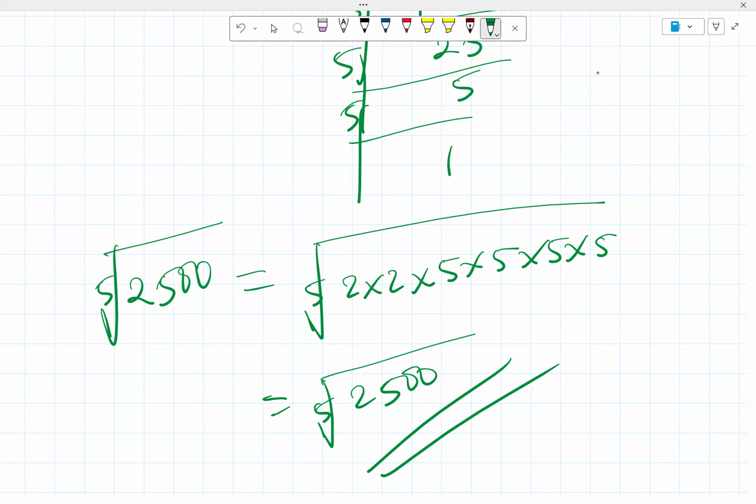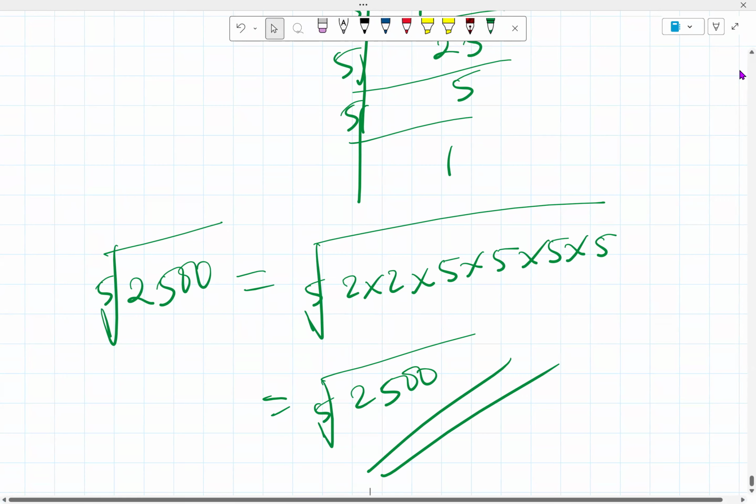We don't have a fifth root of that, because if we had 5 raised to power 5, it would be out of the league here.